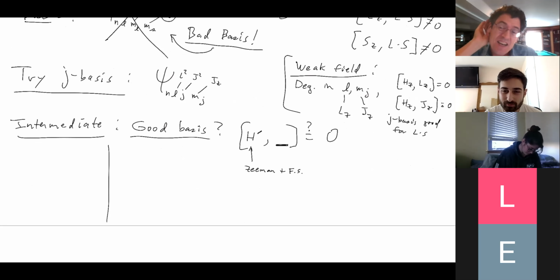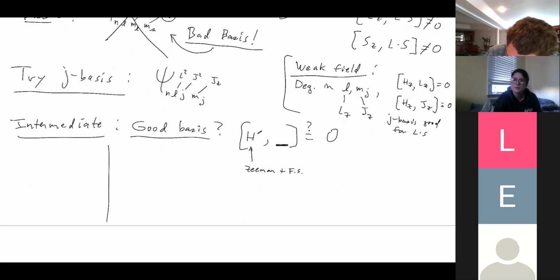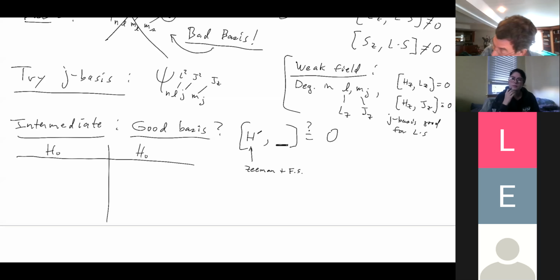Sorry, I do have a question for that part. For the weak field, when you write down that the weak field is degenerate in L and MJ, should the operator for L be L squared rather than LZ? The operator for L is always L squared.